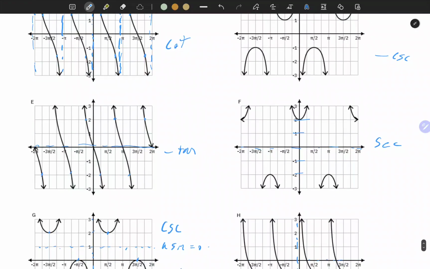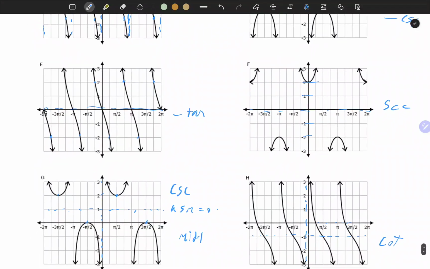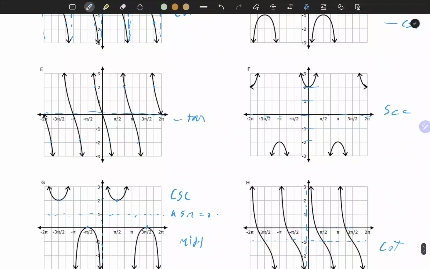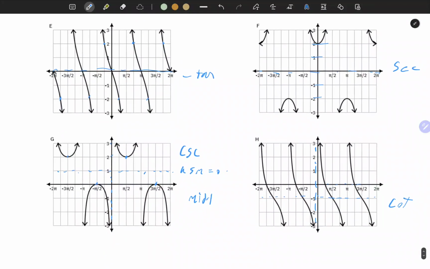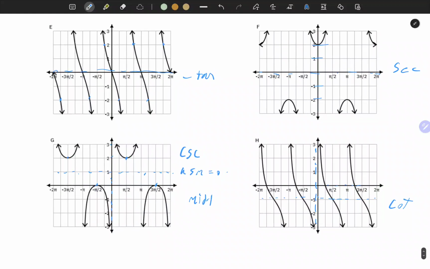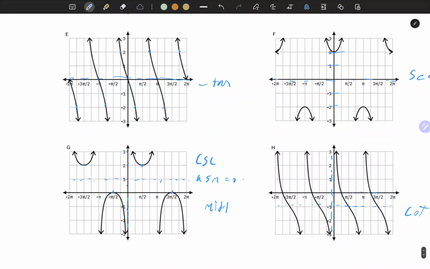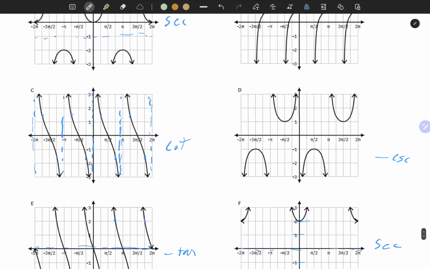And then you have the secants, which also have asymptotes at pi/2 and every other pi from it, so 3 pi/2, negative 3 pi/2. Then we have the tangents, which have asymptotes at pi/2, and so on. And then we have the cotangents, which have an asymptote at 0 as well.